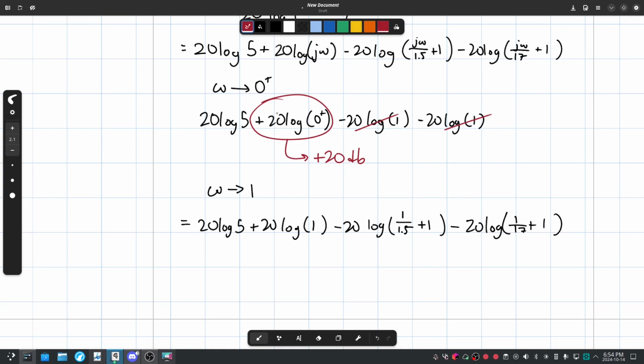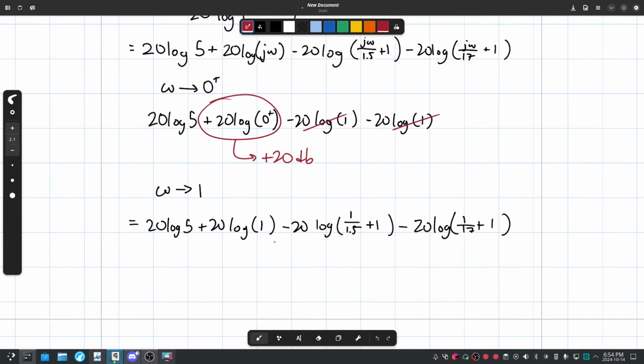The slope is 20 because of this. This 20 means that it's going to have a slope of 20. This is just something that you need to remember when doing Bode plots.